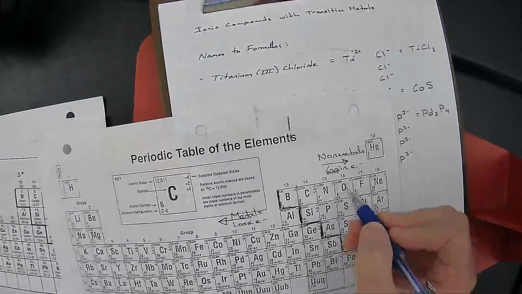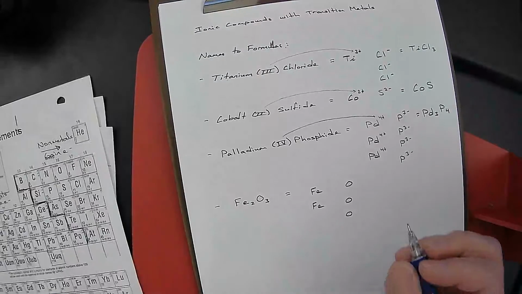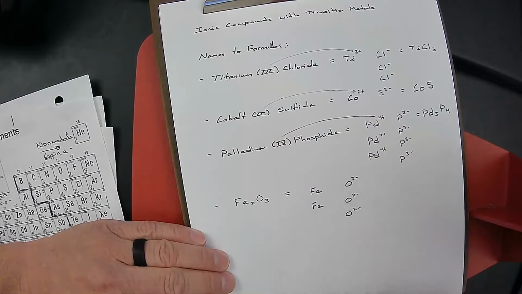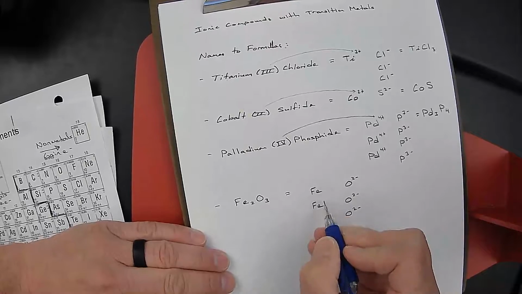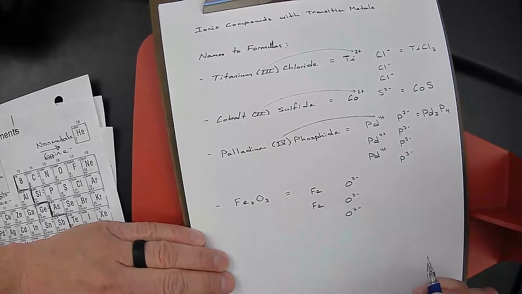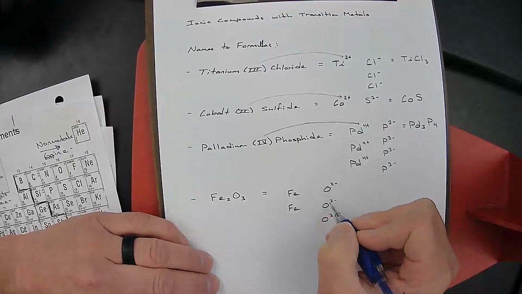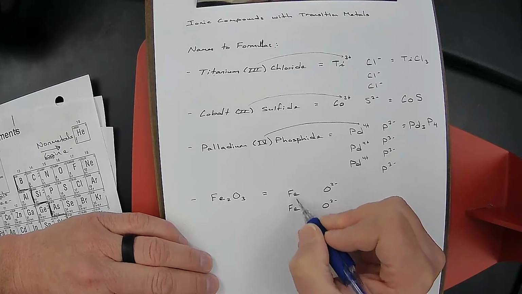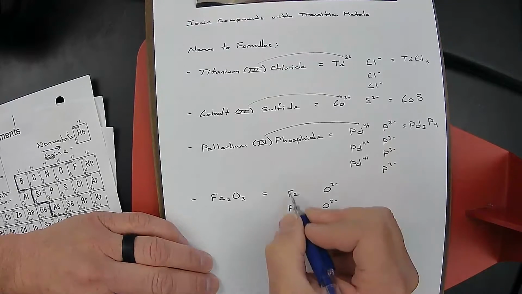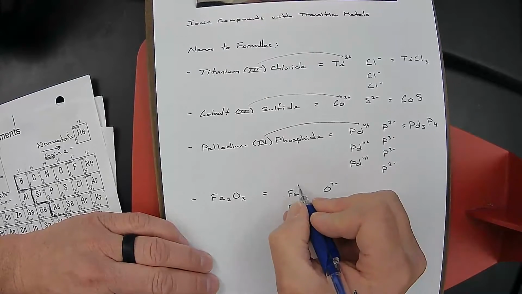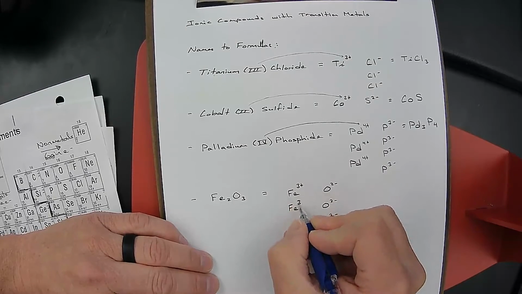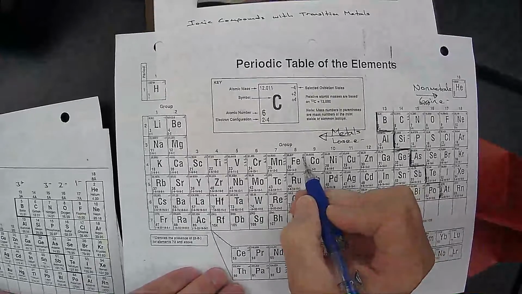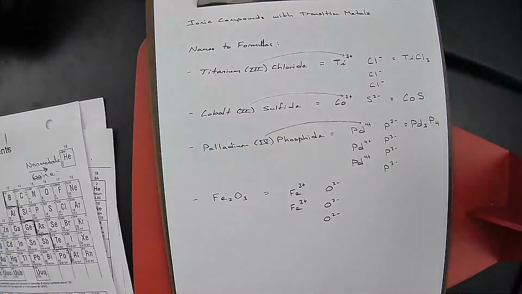The O's are in column 6A, so we know those are going to be 2- charges. The Fe, we don't know what they are, but we know there are 2 of them. If each of the O's is a 2-, that gives me a total of a 6-. So I've got to balance a 6- with the 2 Fe's. So each one of these would be a 3+. Does that make sense that Fe could be a 3+? Yes, that's one of our options.